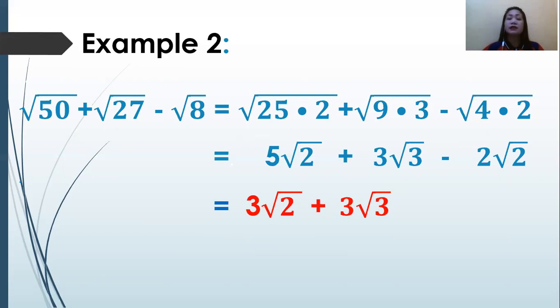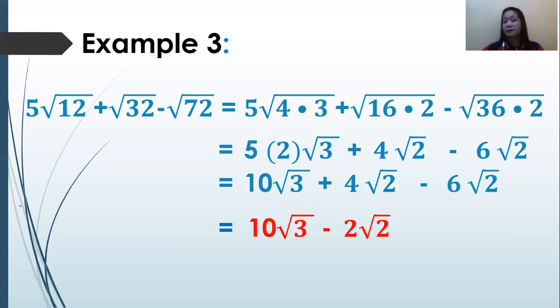Here, the difference is positive 3, then copy the radical square root of 2. Then copy the remaining 3 square root of 3. Therefore, our final answer for the given situation is 3 square root of 2 plus 3 square root of 3.